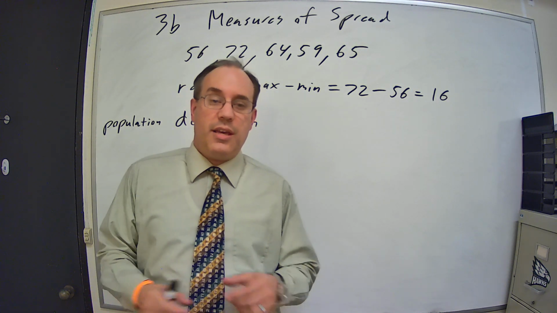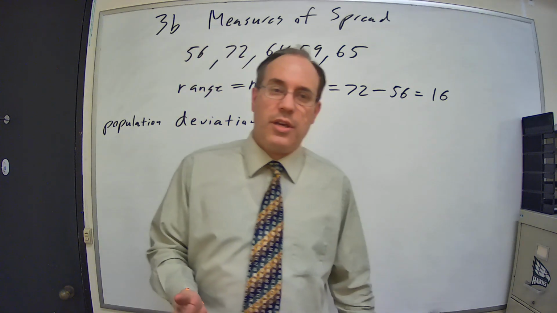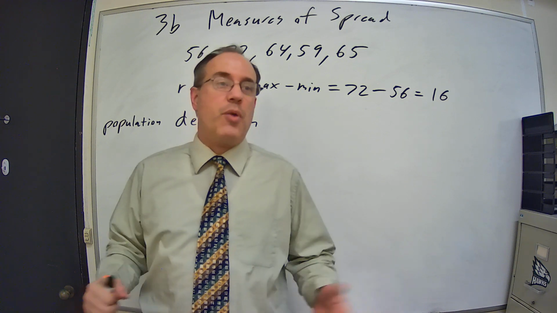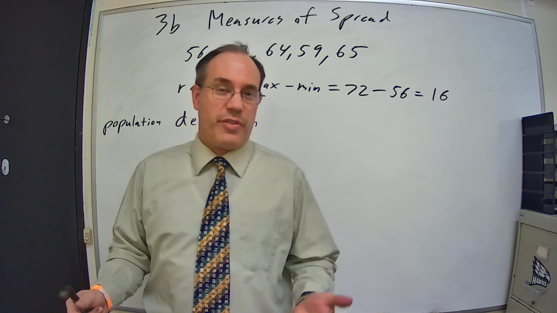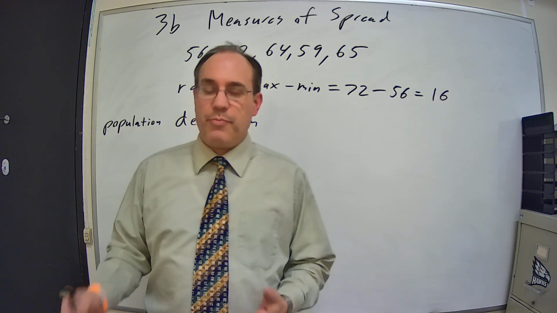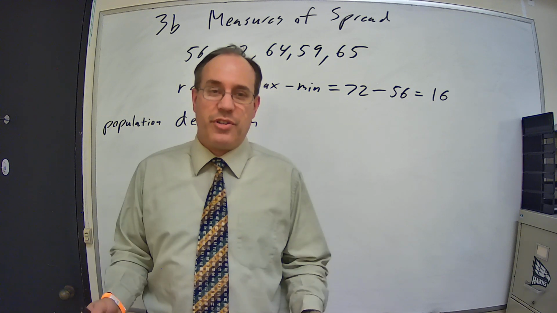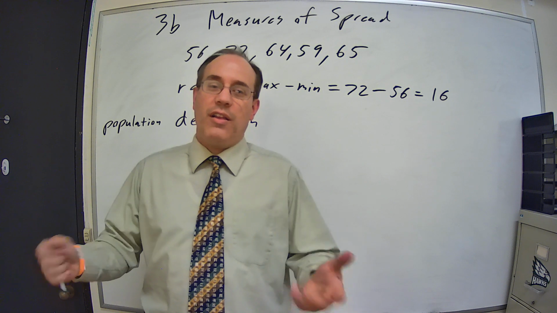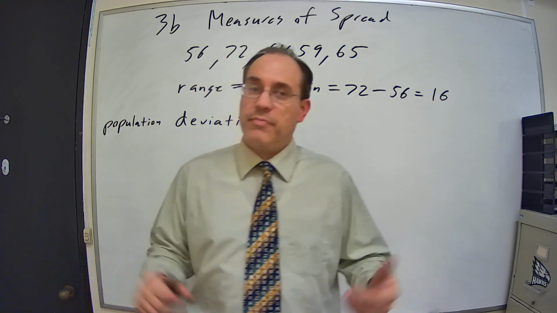Well, really, if I were to ask someone, are you tall or are you short? What's the comparison they're going to use to determine that? Well, they look around and say, well, in comparison to others, am I taller or shorter than them? And the best comparison we can use is comparing to the mean, the average. If you're taller than the average individual, then you are tall. If you're shorter than the average individual, then you are short.